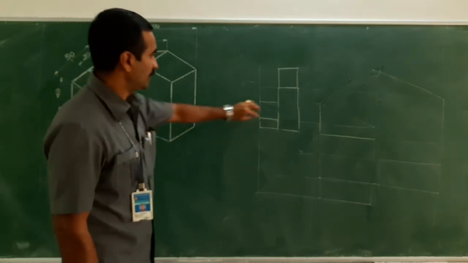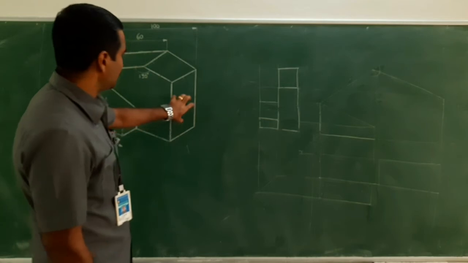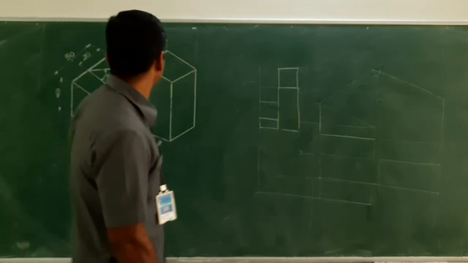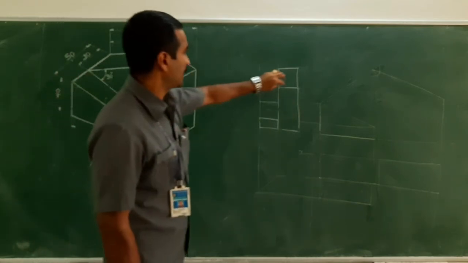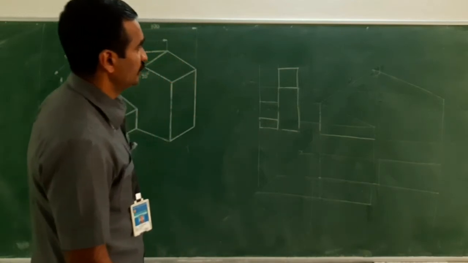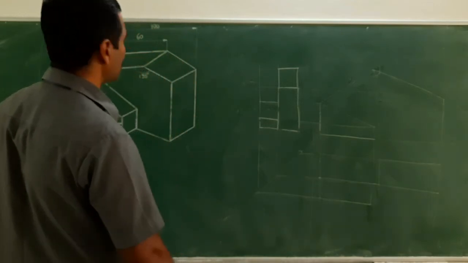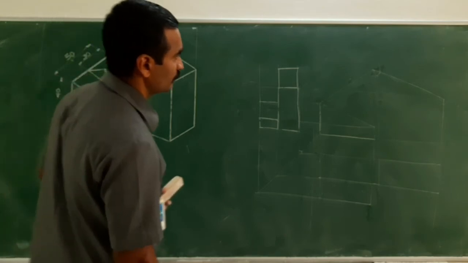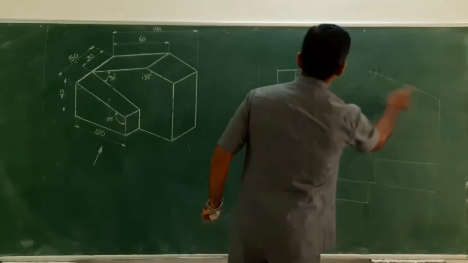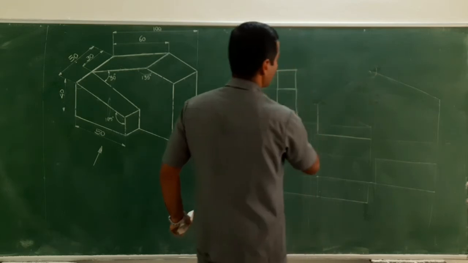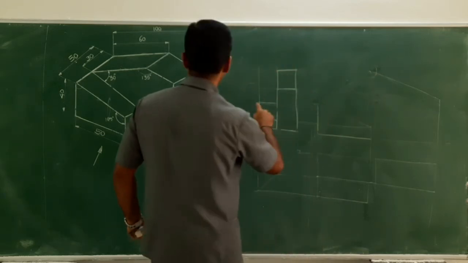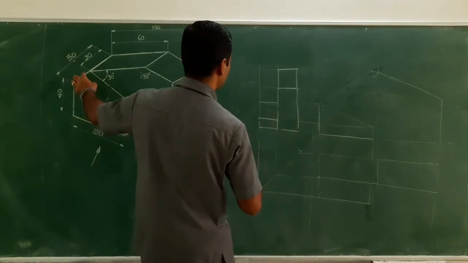This portion I have captured here. This portion I have captured here. This portion I have captured here. Right? Now, is anything else visible here? This I have captured. This one is visible. This one. Right?